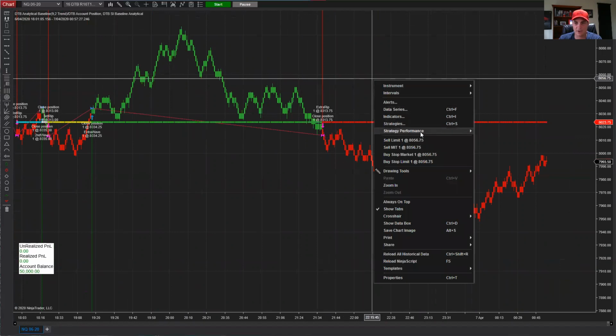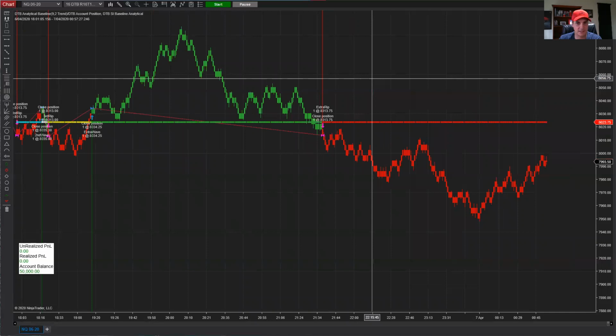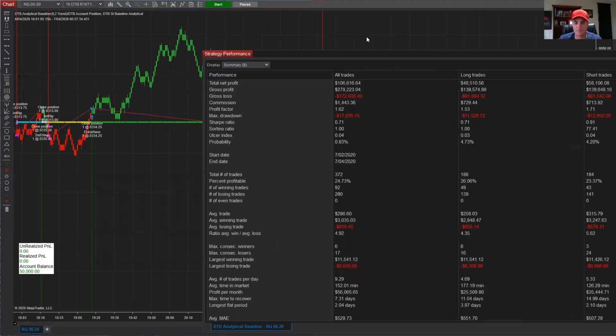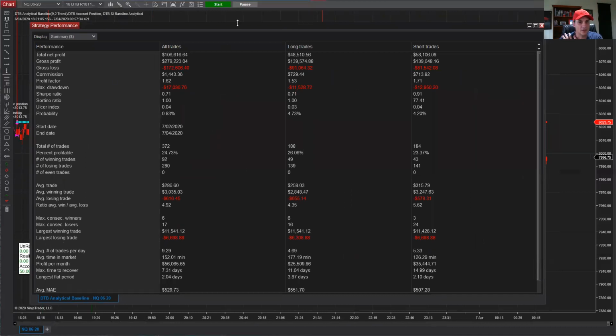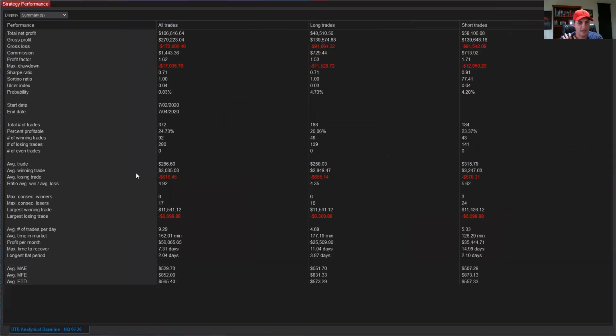So if I go look at the performance of the strategy over the last 60 days, even though it has a low percentage profitable, out of 372 positions, 92 were profitable and 280 were not.